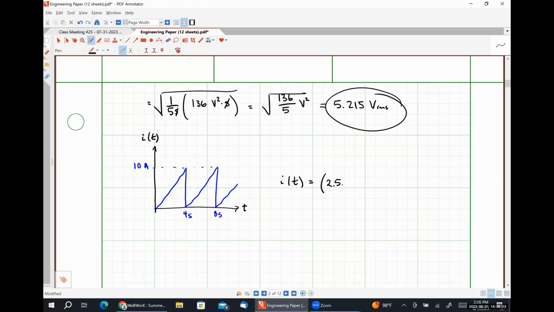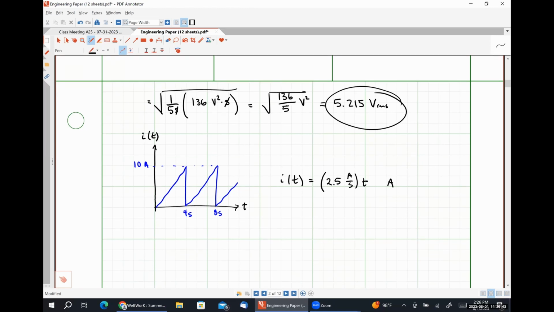So if I'm trying to describe this line, I want to use the slope intercept format because this is a straight line that's increasing linearly, right? So the slope is definitely 10/4, which is 2.5, and I'm going to call this amps per second. I'm going to multiply that by time, and then my intercept in this case is 0, so I'm going to leave it alone.